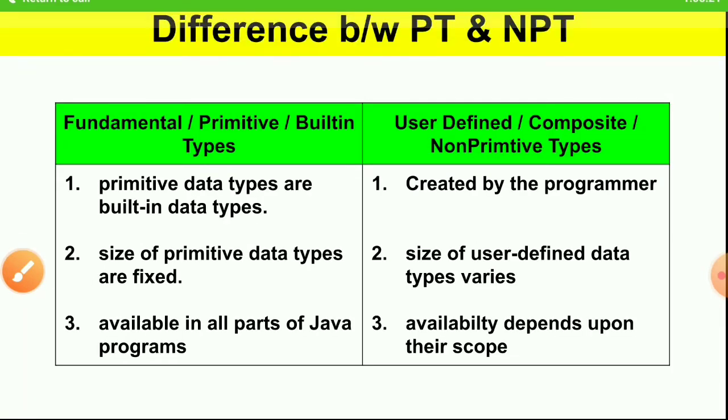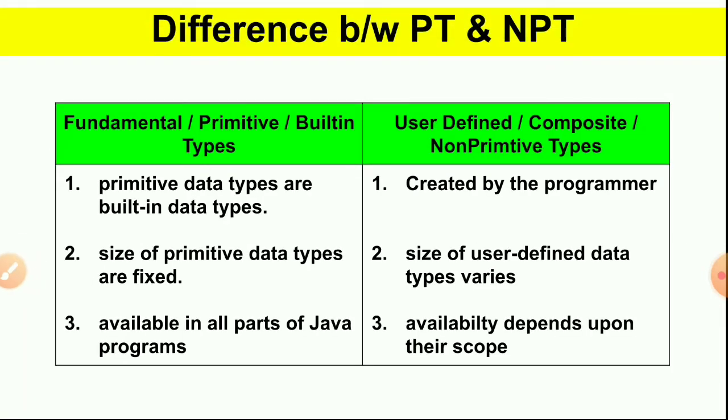The third difference is that the primitive types are available anywhere in the program, whereas the user defined data types, their availability is dependent upon the scope.